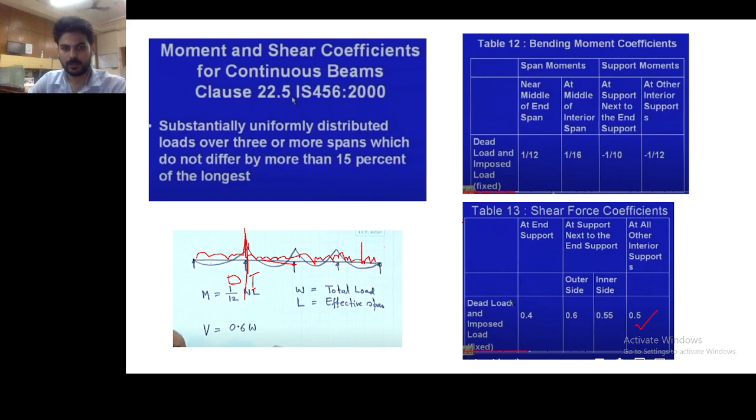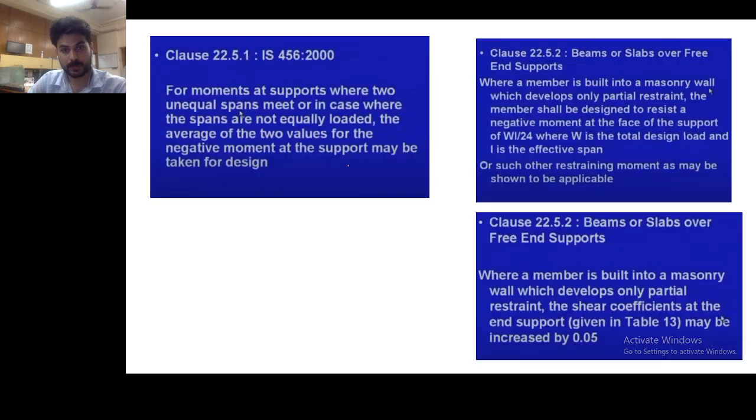So this is only a special case when the UDL is very much uniform and the change in the UDL is less, it must not be more than 15%.